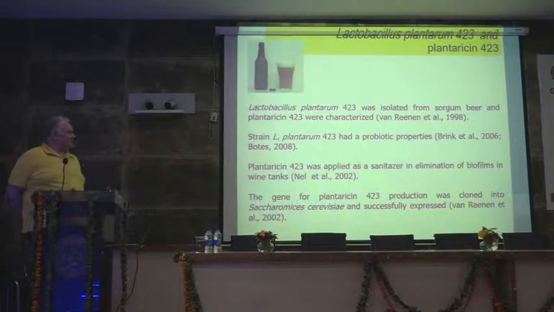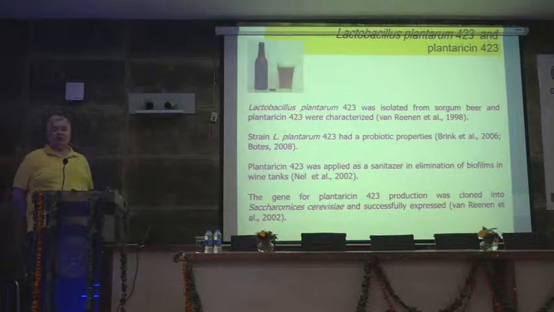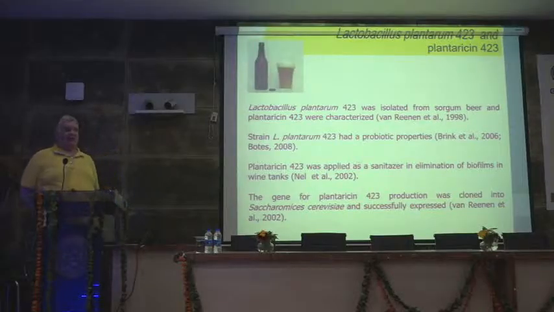So they were using this plantaricin to control these biofilms. As well, in order to produce it in the biggest quantity, they cloned it into Saccharomyces cerevisiae and it was able to express it, so they were even suggesting an industrial way of producing it.